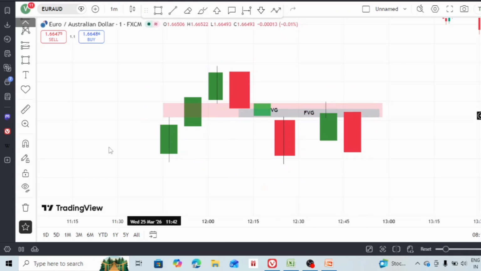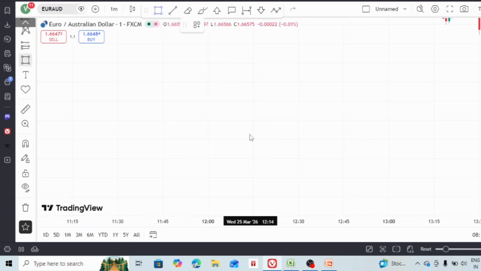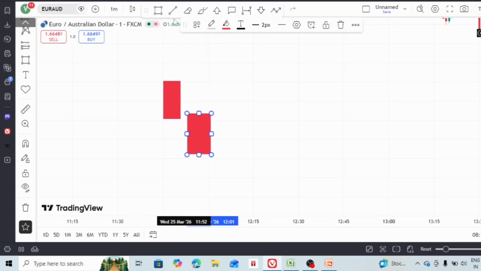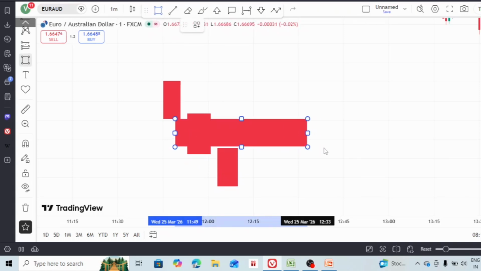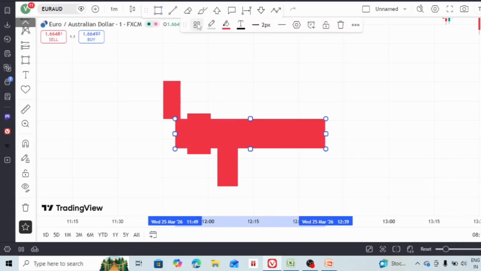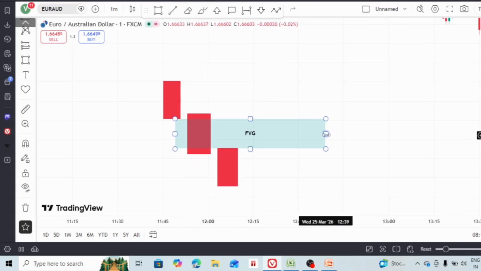Let me delete this one again. Here the market was moving down. So this is the bearish fair value gap, right? This is the bearish fair value gap now.